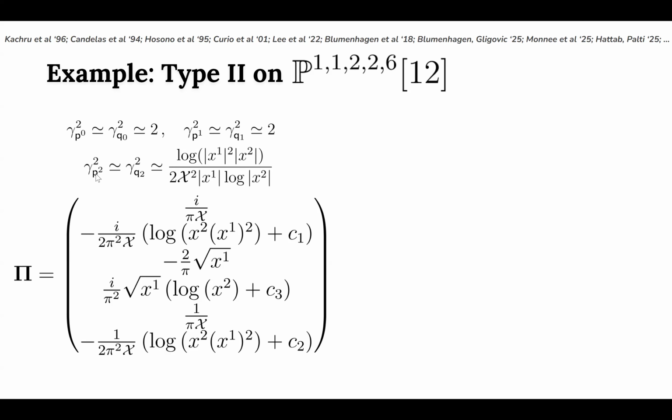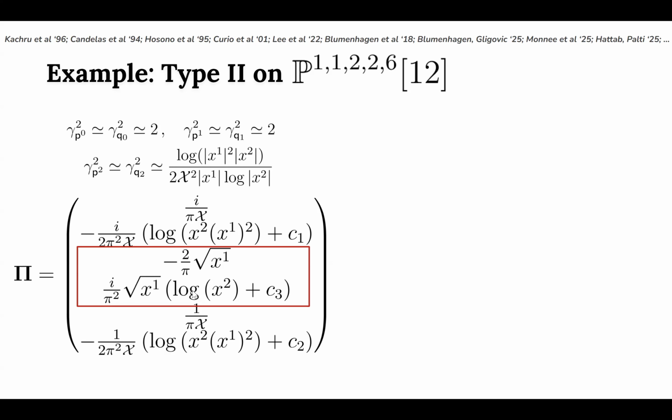So here we see these are the ones for the P2 and the Q2 charges. These are pointing at the entries of the period vector that are x2 and f2.